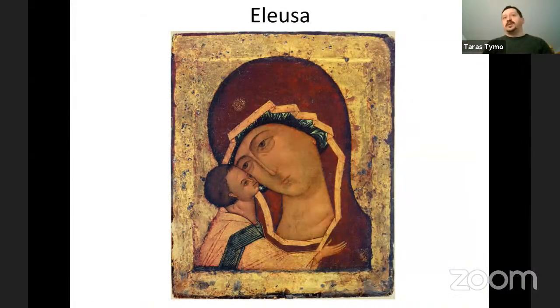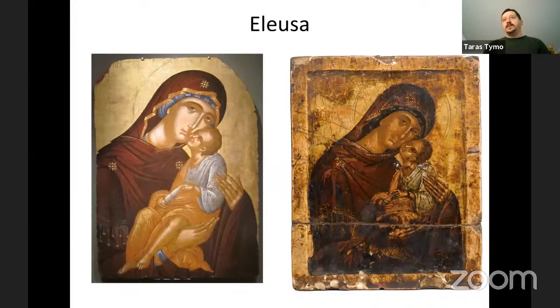Just another example of this iconography, maybe the most minimalistic one. And often you see them in such a form. It's one of the later Byzantine, and it's very popular in the modern Greek iconography, layout of Mary with the child.